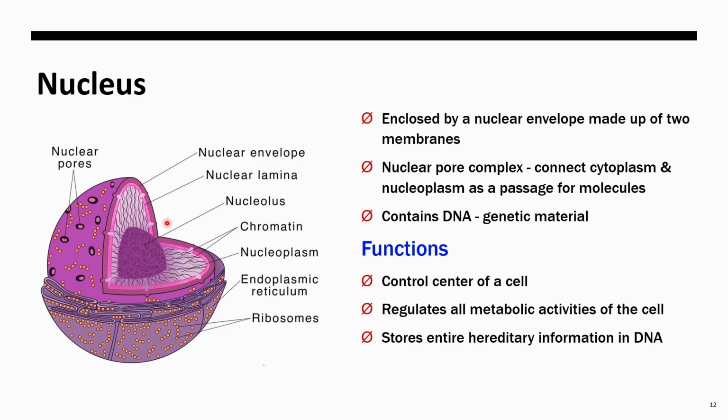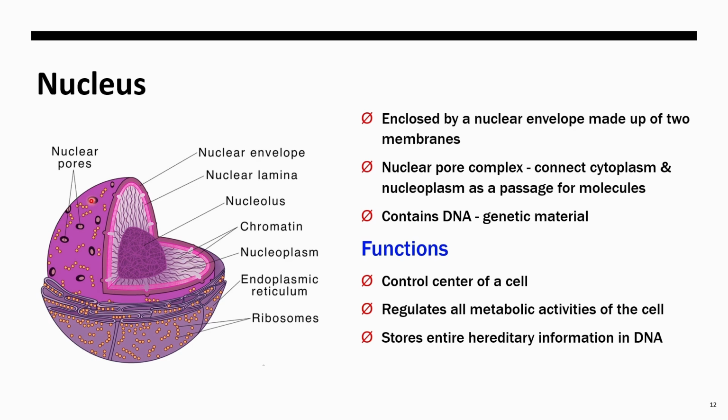Next most important component of your cell is the nucleus. If mitochondria is the powerhouse of the cell, nucleus is the control center of the cell. Similar to mitochondria, nucleus is also enclosed by two membranes, two nuclear envelope membranes.